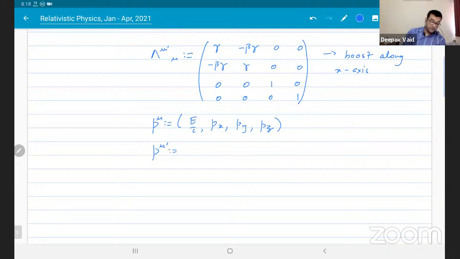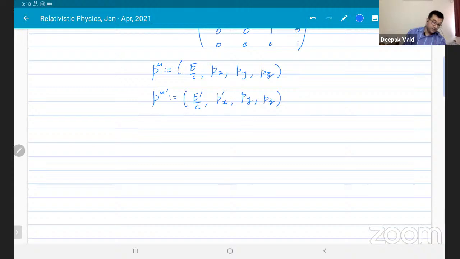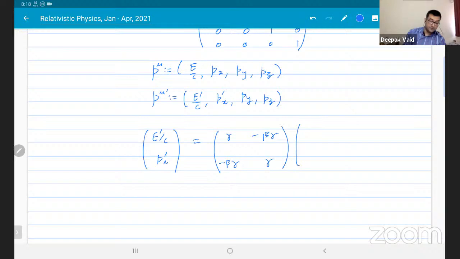So P mu prime will be, let's say, E prime by C, Px prime, and then Py, comma Pz. These will remain unchanged. And so what is the relation between these? So E prime by C, comma Px prime, is given by the matrix gamma, minus beta gamma, minus beta gamma, gamma, acting on E by C, Px. Okay.